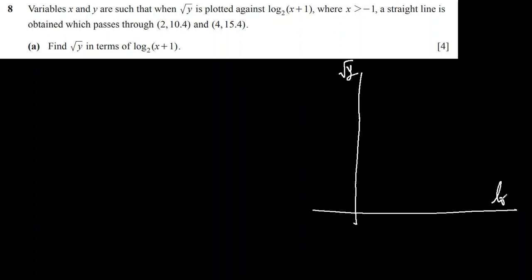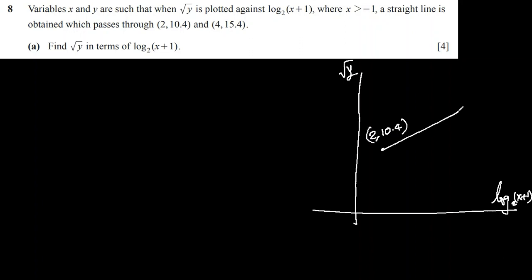Question 8. Variables x and y are such that when square root y is plotted against log base 2 x plus 1, square root y here, log base 2 x plus 1 here, we get these 2 points on the graph. 2, 10.4, let's say 2, 10.4 is here.